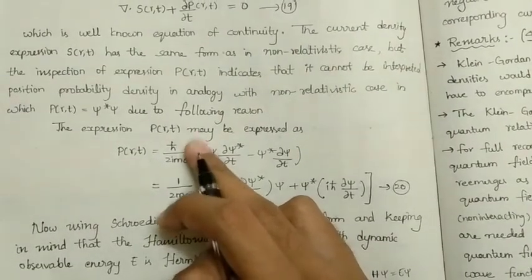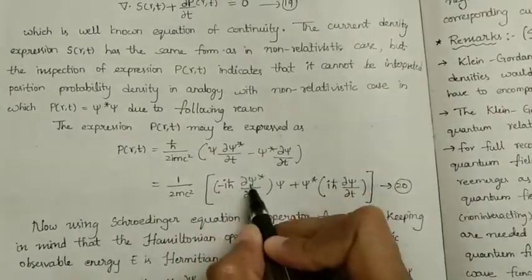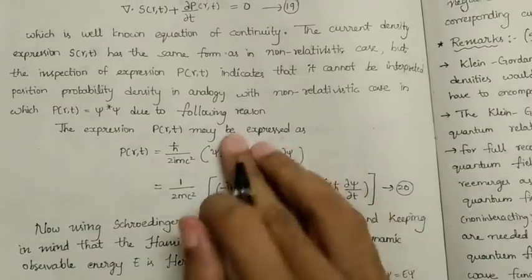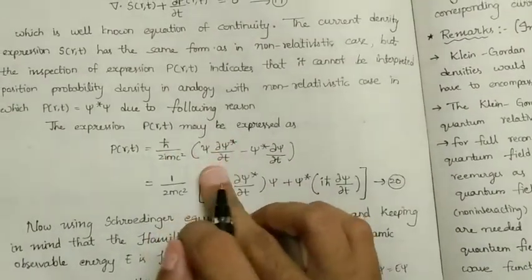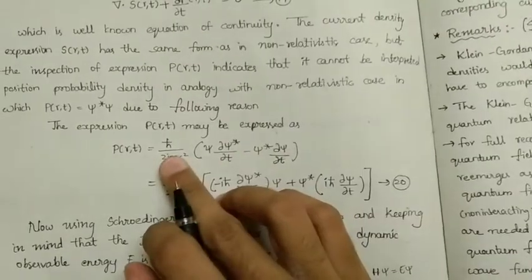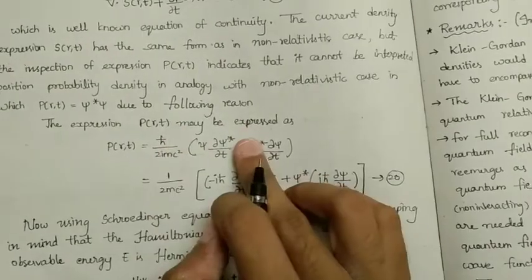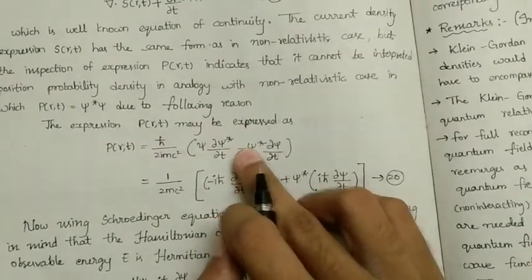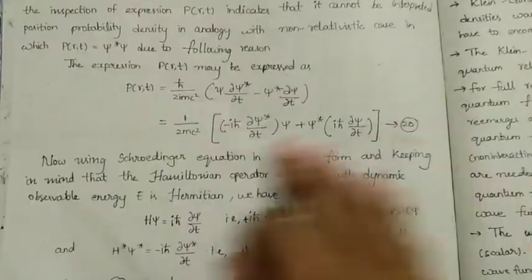So minus i h cut dou xi star by dou t into xi. Keeping this xi aside, and now here into i by i as we have done, minus i h cut into minus is plus i h cut xi star dou xi by dou t. So this is the term we are having.